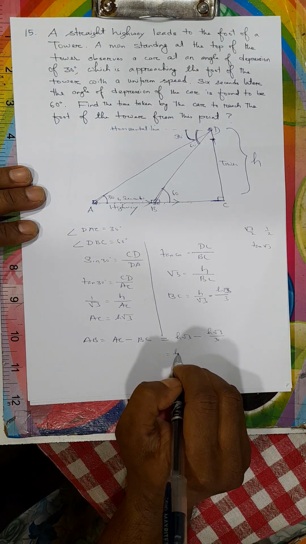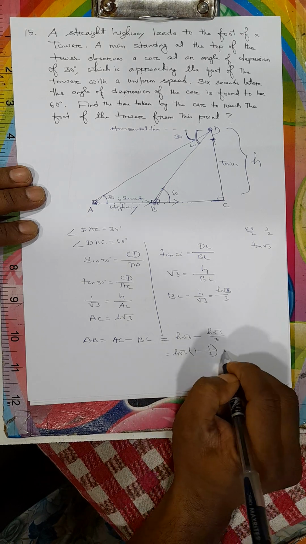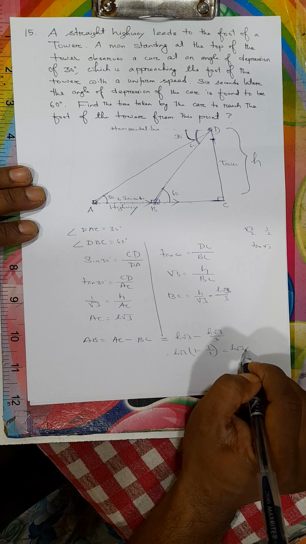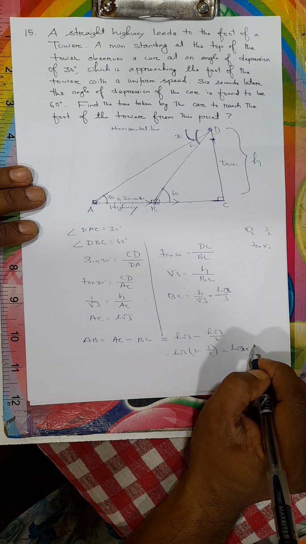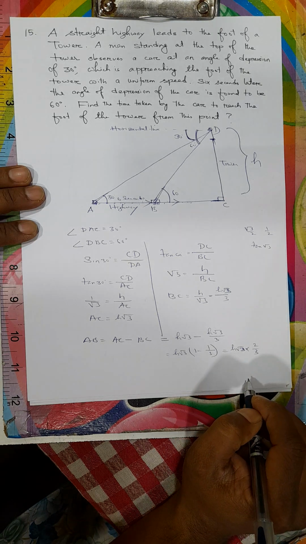So you can take h root 3 common. So 1 minus 1 by 3. This is h root 3 multiplied by 2 by 3. So it is AB.